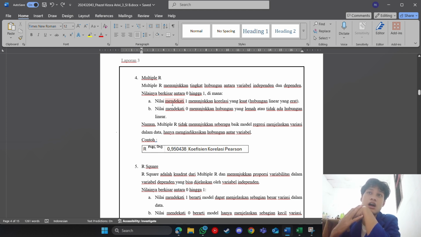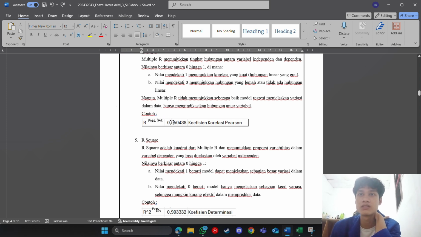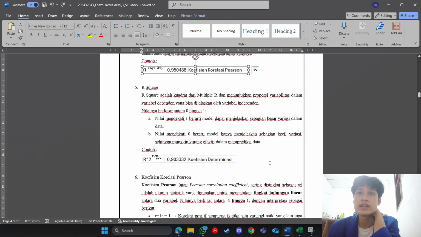So when multiple r is up to 1 or nearly 1, it shows how strong it is, and when it's far from 1, it shows that the correlation is weak, or nearly 0. That is the example. And what is R square?